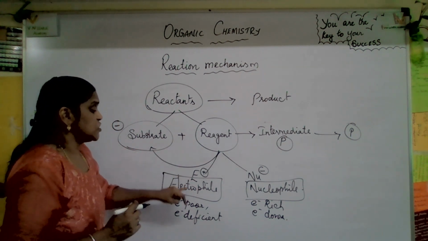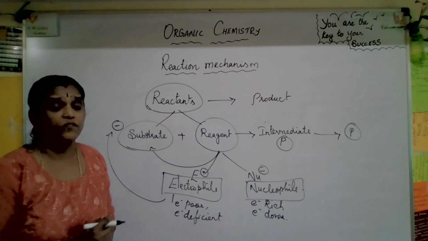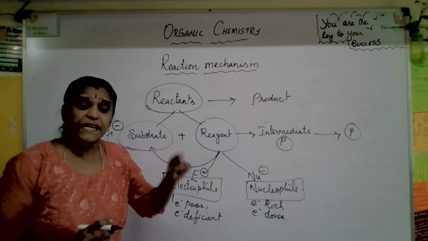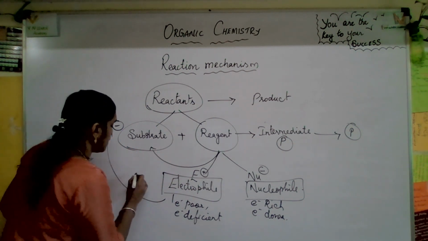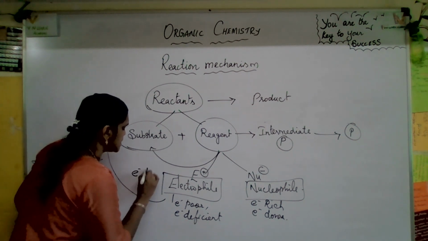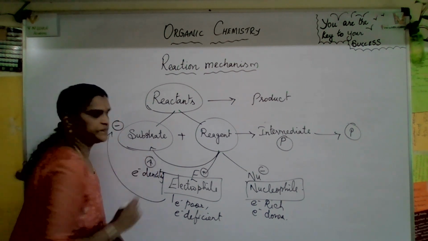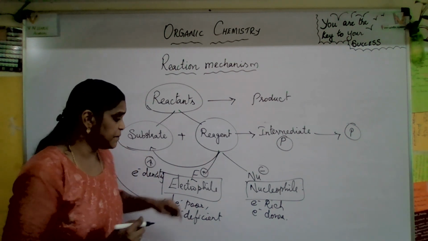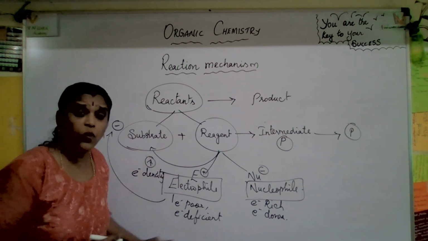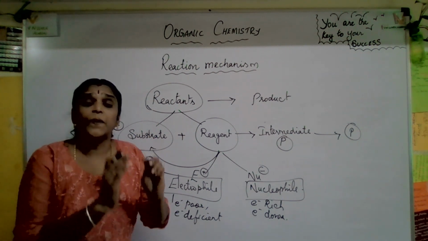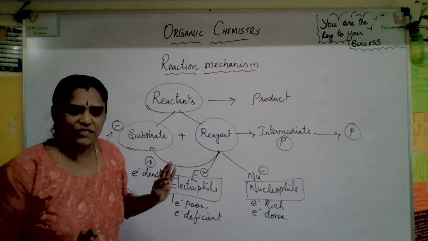As it attacks the negative charge of the particle, automatically electron density will be higher here at this point. It will go and attack the negative part of the substrate only. Why? Because it is a positive charge.